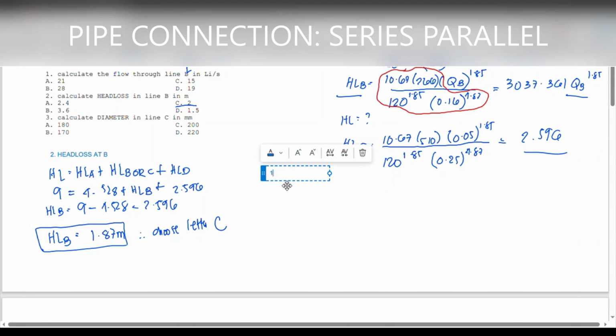identifying the flow through line B. And since we already have the value for head loss at B, we can now solve for our flow through line B. So we have head loss at B is equal to 3037.361 Q sub B raised to 1.85.